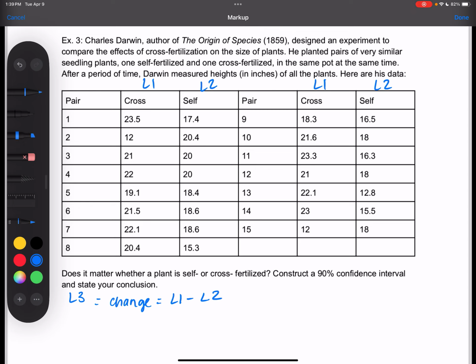Wait, can you backtrack for me? Where? So, L1 minus L2, and hit enter. And then hit the store button. STO in the bottom left corner. I think I might be in the wrong place because I didn't actually put that. Okay, L1 minus L2, and then you do, where'd you do it?